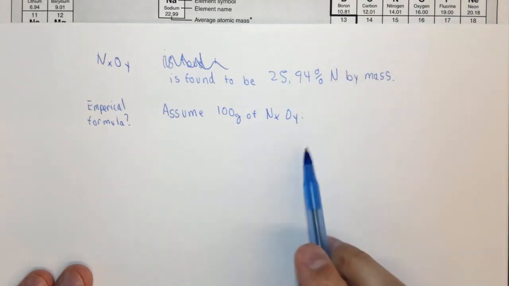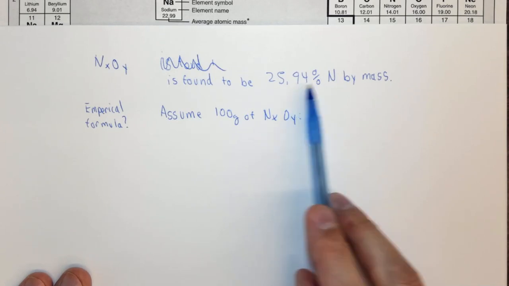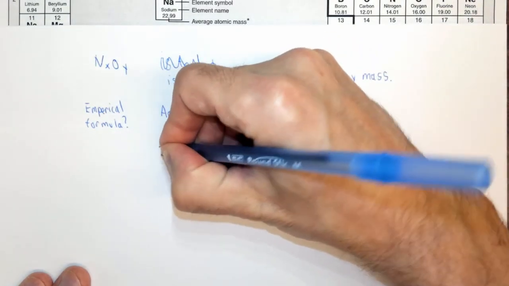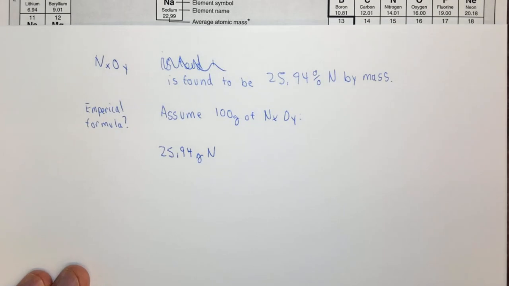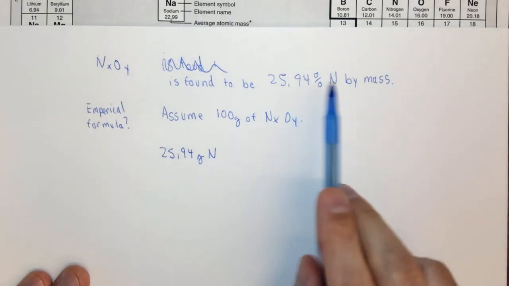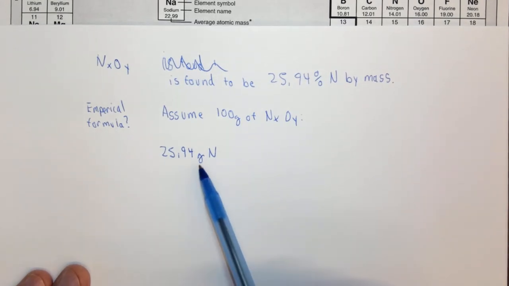If you assume you have 100 grams of this and it's 25.94% N, that means that you have 25.94 grams of nitrogen. And the rest of it is oxygen.